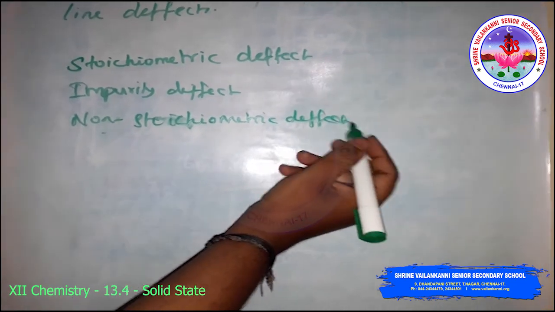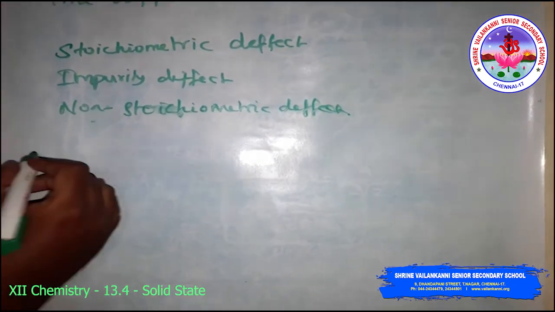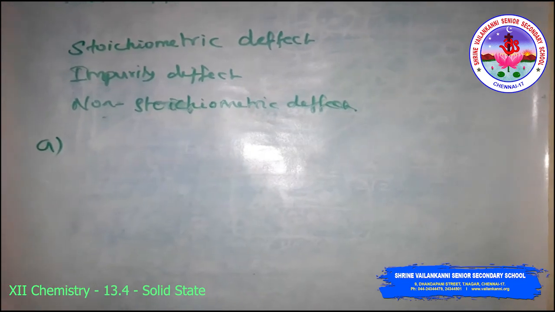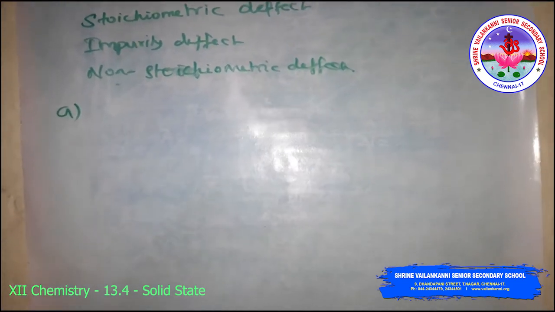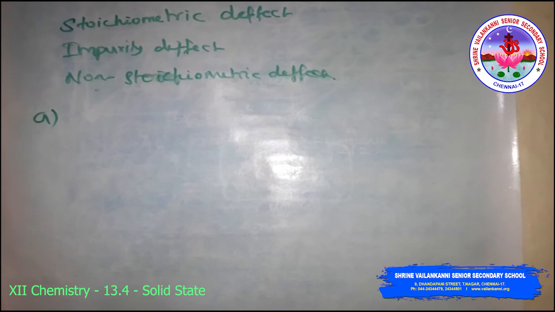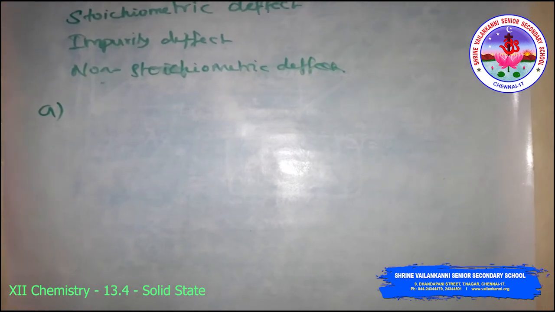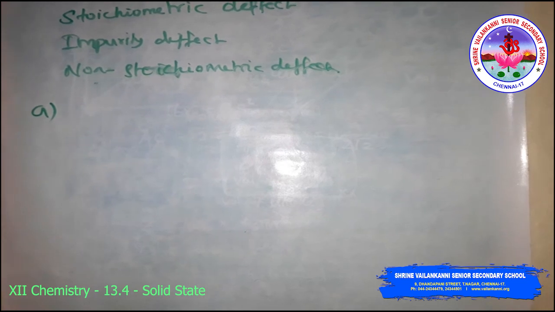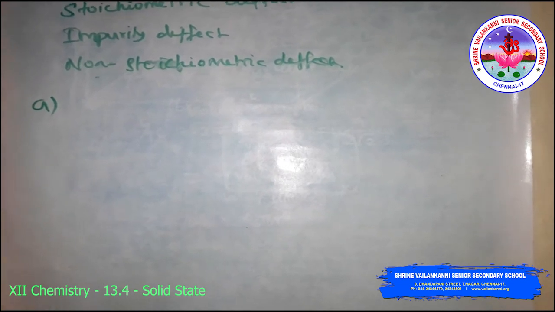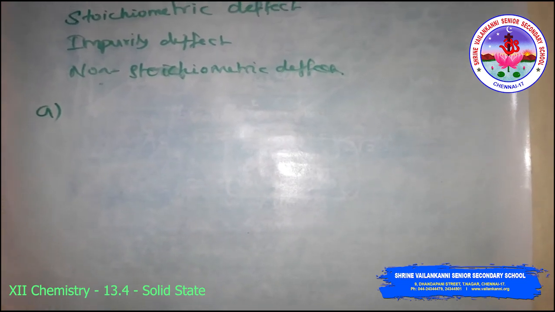So three types are available. Here first we will discuss the stoichiometric defect. These point defects do not disturb the stoichiometry of the solid. So they are also called intrinsic or thermodynamic defects.